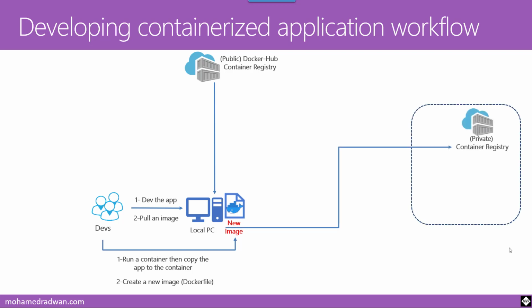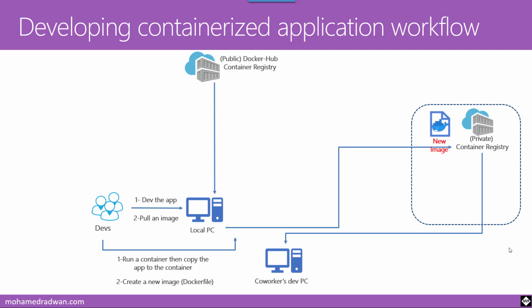So the next step now is I will push my image to a private registry so I can redistribute this image anywhere I would like to, which means ship my container. So I can distribute this image to a coworker developer, and then the coworker can just run this image which includes this application, or it can be a testing environment, or it could be the cloud.